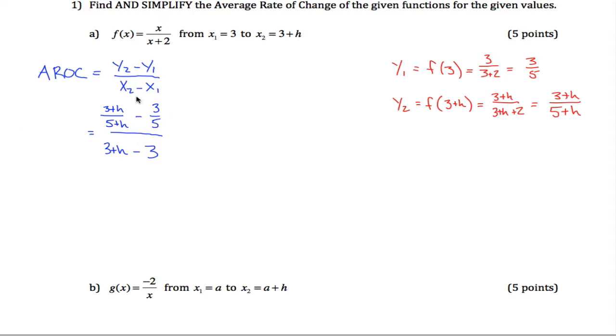So now I have the answer here, it's just not simplified. All I gotta do is simplify this mess. The way you can simplify it is find a common denominator, make these two fractions one fraction. So multiply the top and the bottom here by 5 plus h, and multiply the top and the bottom here by 5.